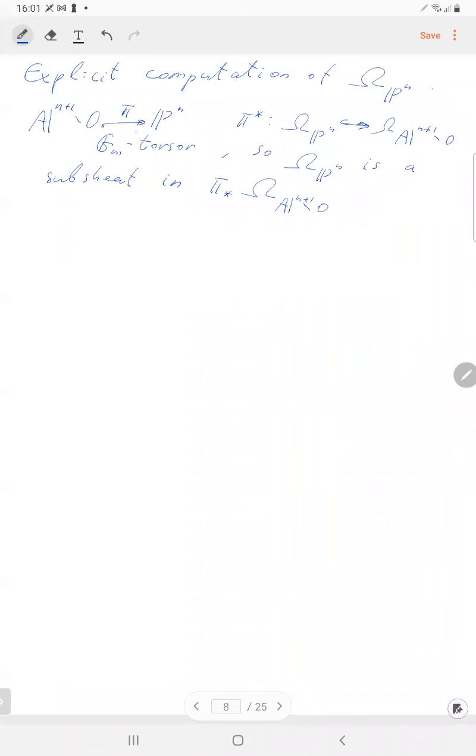Namely, these are G_m invariant sections. Okay. So in functions of degree 0.